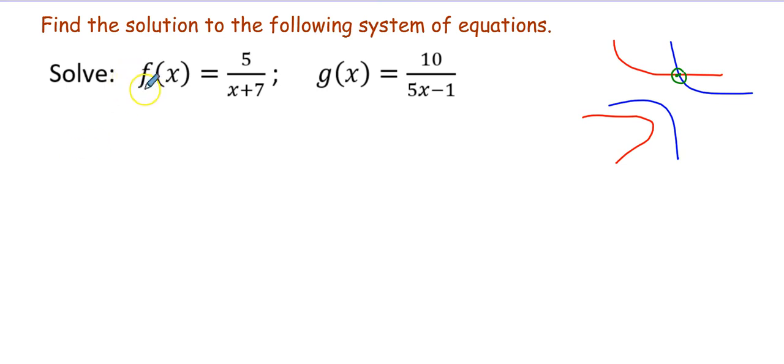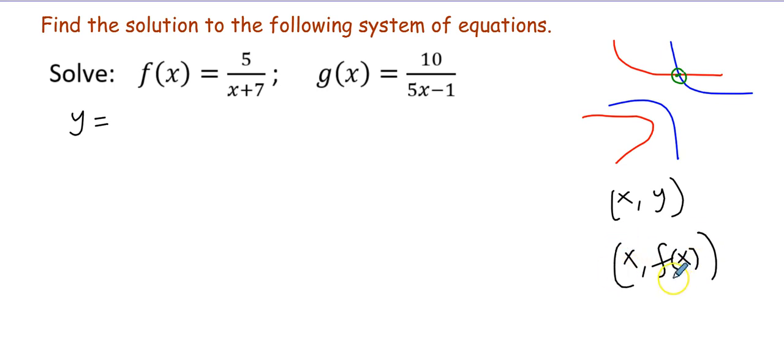Here, you know that f of x is nothing but y. That is the value of this function for that x. When x is equal to something, whatever you get, that's the value of y. In any case, x comma y are the coordinates of a point. This y is a function of x, so the name of the function can be either f or g, whatever it is, it is the second coordinate.